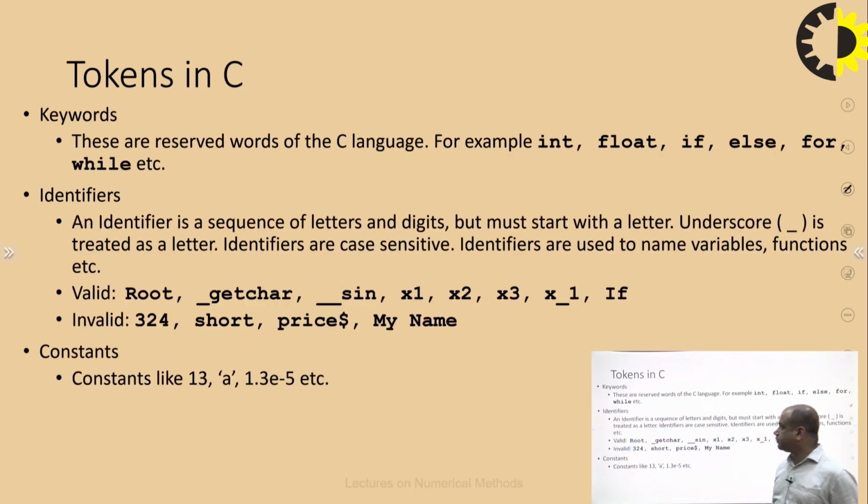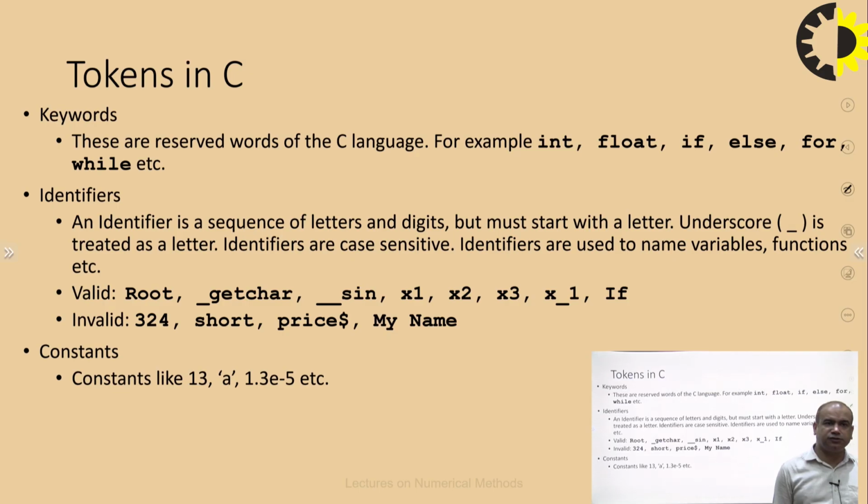First is the keyword. Keywords are the reserved words of C language. Basically, there are 32 keywords reserved in C, such as int, float, if, else, for, while, etc. We will cover these terms later on also. Next is identifier.